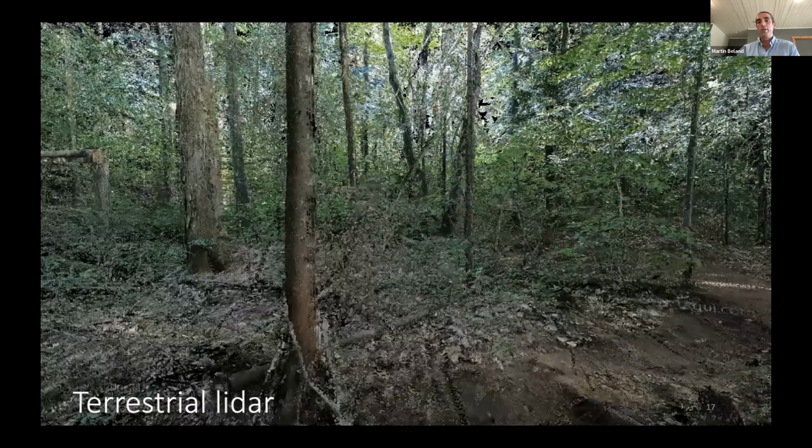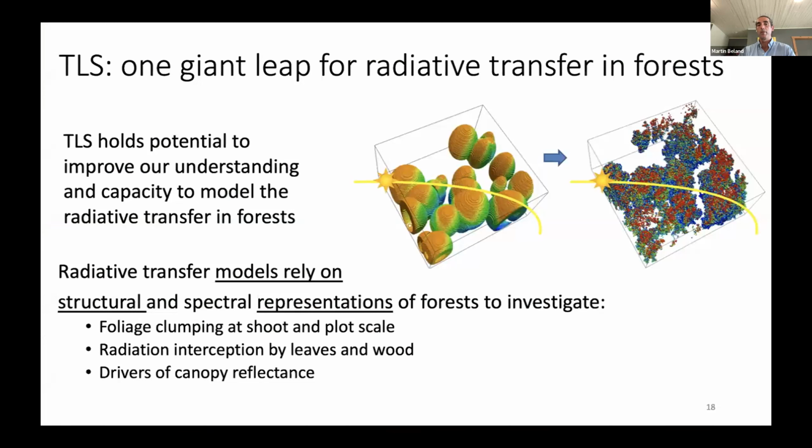The main reason why we use it in the lab is to characterize structure in a way that would allow us to better understand and model radiative transfer in forests. So we're moving away from a more simplistic representation of the canopy structure to a more detailed representation.